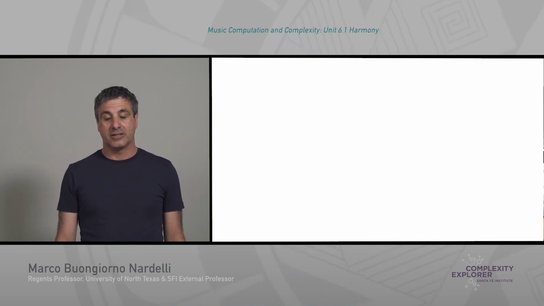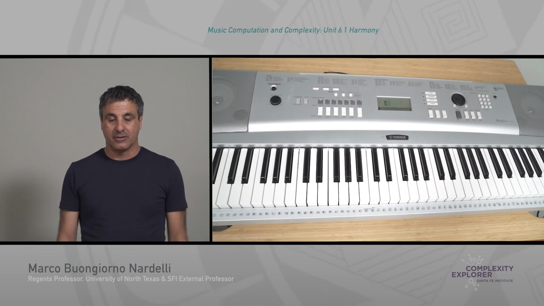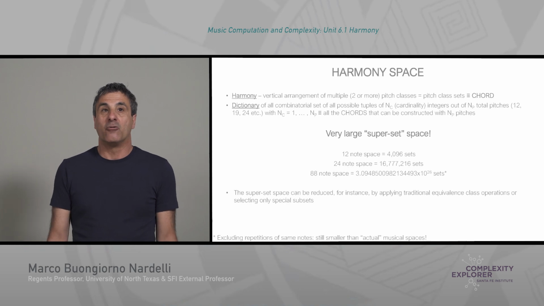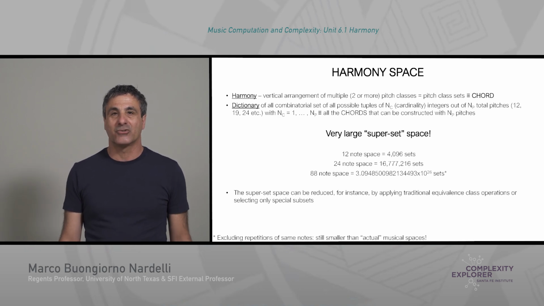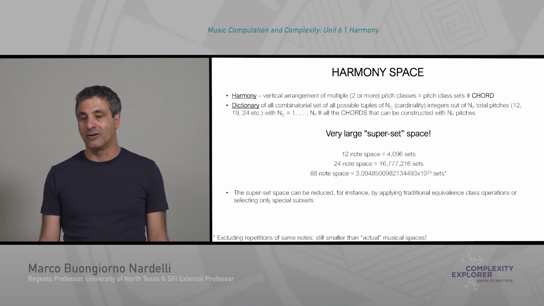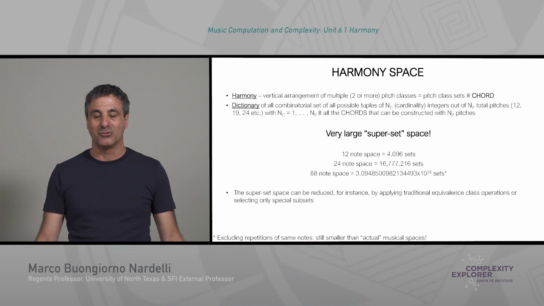And if we look at the keyboard here, a keyboard with 88 keys, and we try to evaluate how many combinations of keys we can construct, then we have a number that is larger than the number of atoms in a cubic centimeter of a material. I mean, 10 to the 26 different chords.